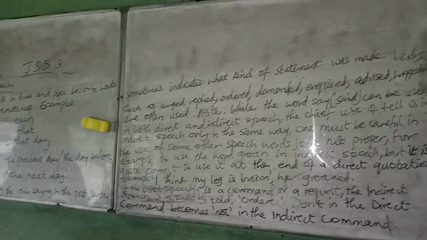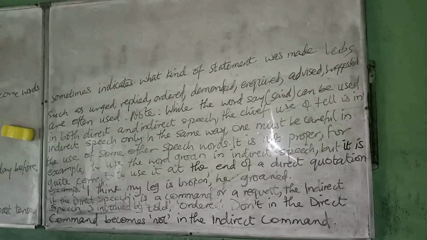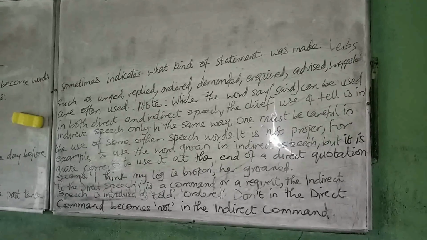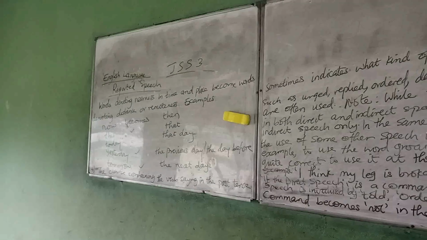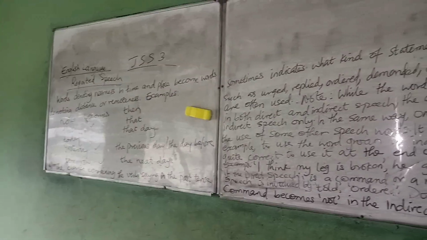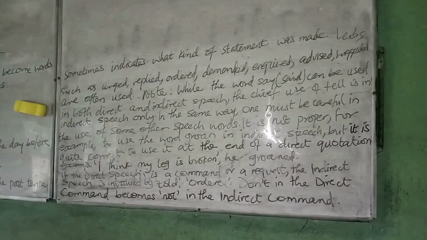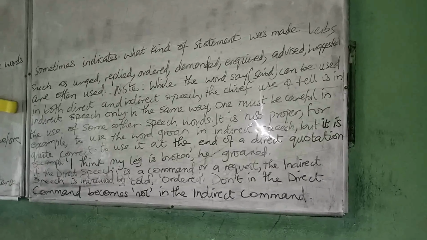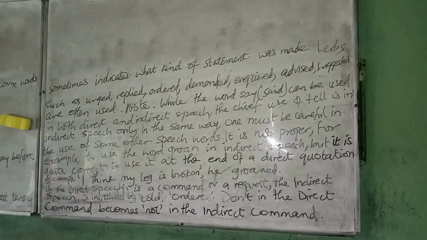Then note also that while we use the word say in both direct and indirect speech, we use tell, that is told, mostly or only in indirect speech. In the same way, we have to be very careful how we use some of the other speech words. For instance, it is not proper to use the word groan in indirect speech, but it is correct to use it at the end of a quotation.